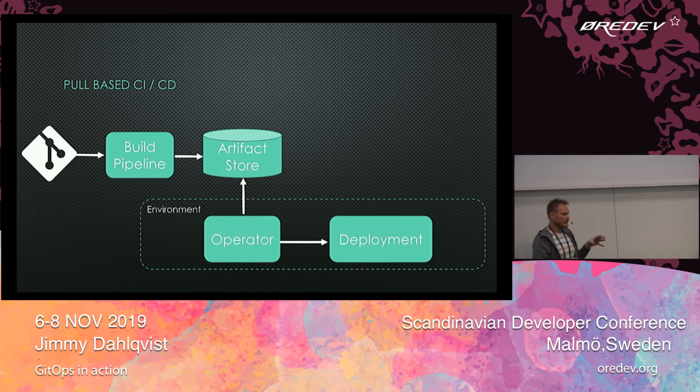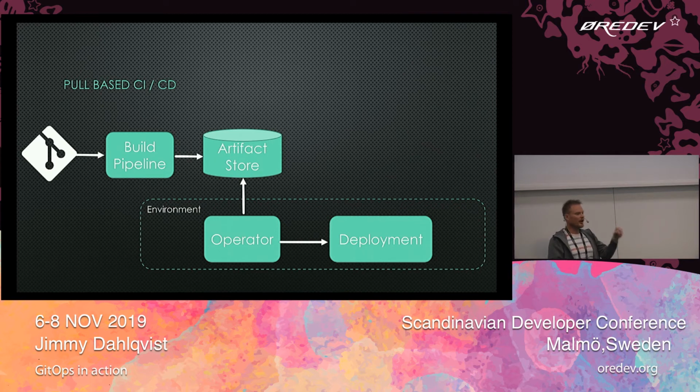What this gives is that you get a really strong isolation. Your CI/CD pipeline no longer needs access to your production environment. It only needs access to your artifact store, where you put your Docker images or your zip file of your serverless application. Then the operator needs the access to the production environment or the QA environment.